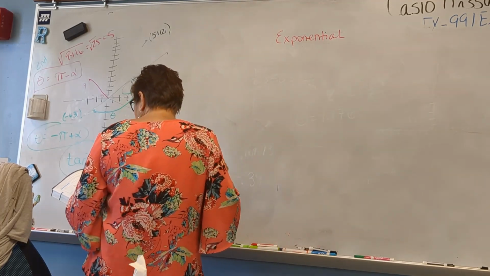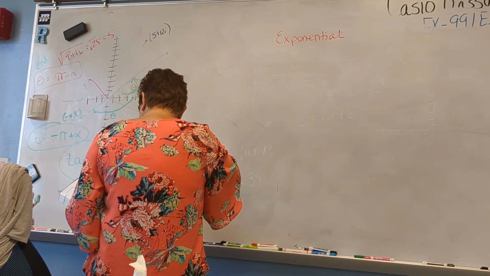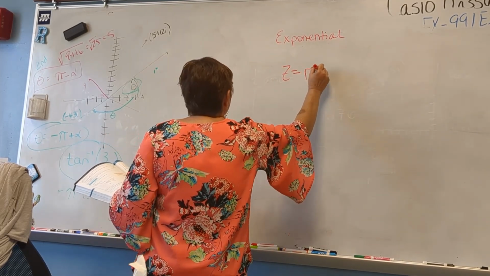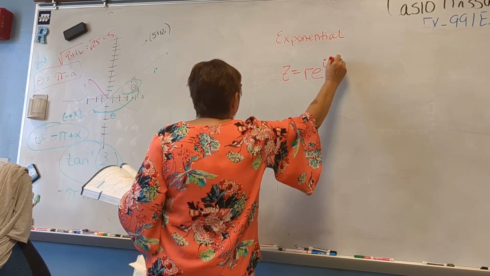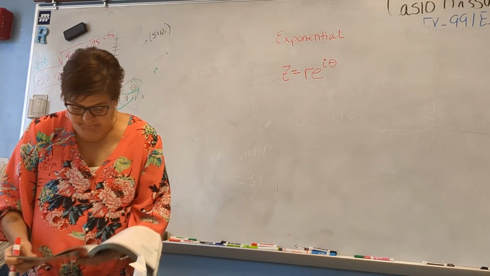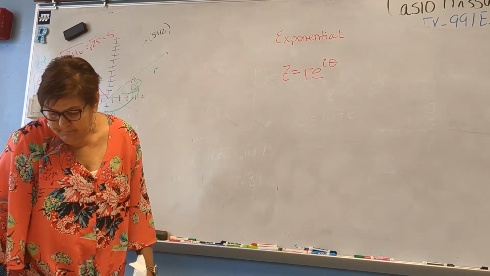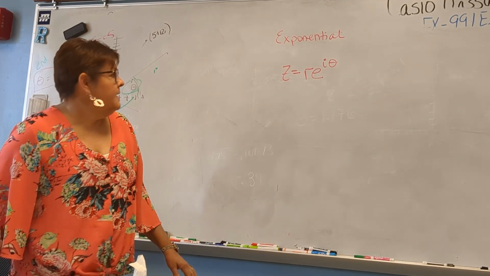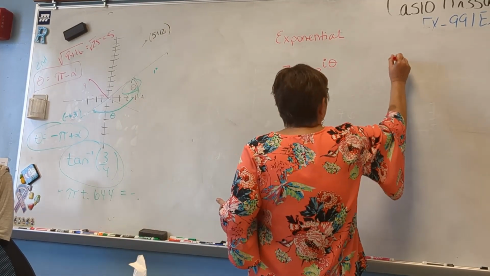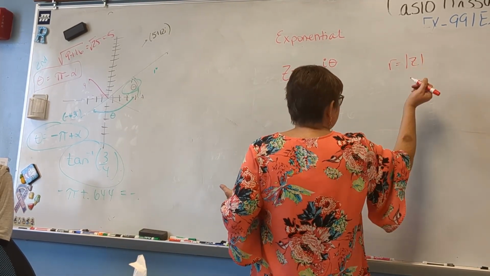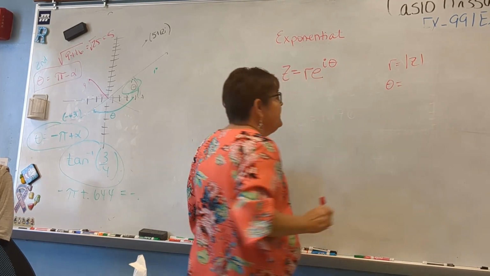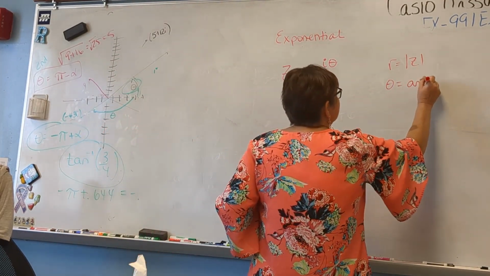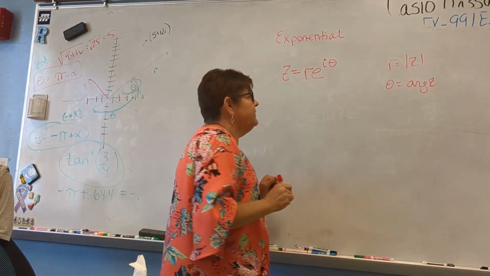The exponential form is z is equal to r e to the I theta. Just like before, r is the modulus, and theta is the arg of that formula.